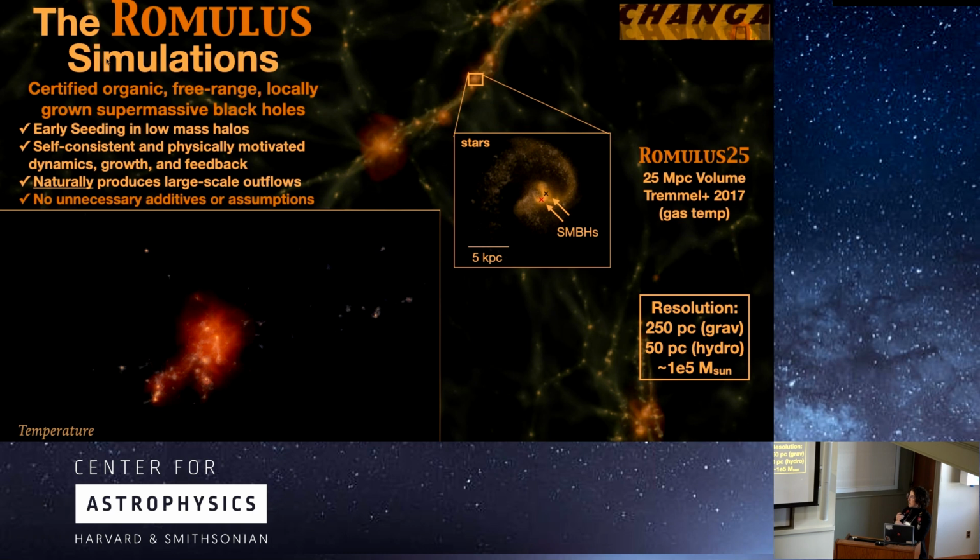We seed black holes in a physically motivated way from direct collapse. We have a consistent and physically motivated dynamical friction prescription, which allows our black holes to settle naturally at the centers of galaxies rather than being pinned there, and it naturally produces large-scale outflows.